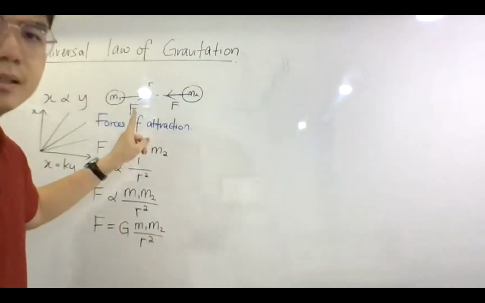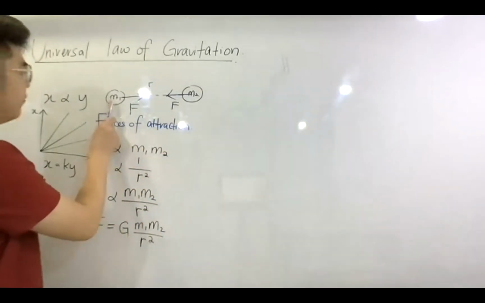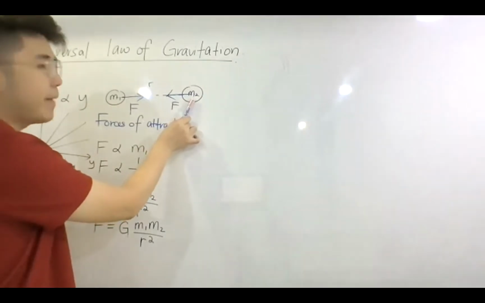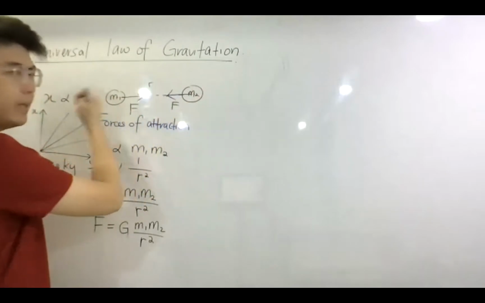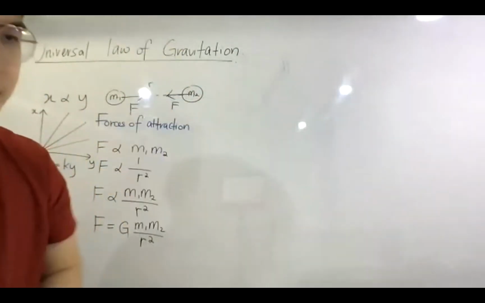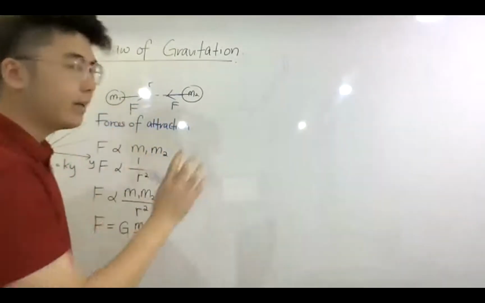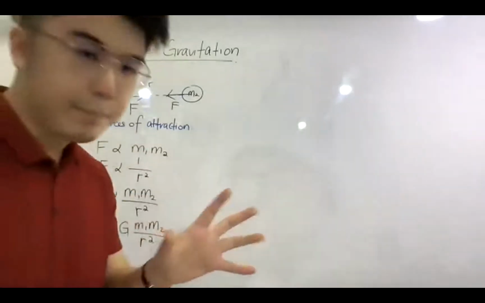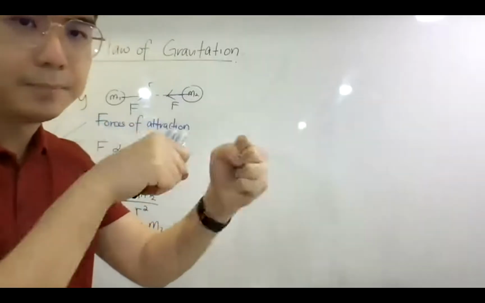Now, notice that the two objects have the same force applied by the two objects. Here, if this is the Earth, and this is any mass, the Earth is pulling the mass towards the center. And the mass is also technically pulling the Earth towards it. Not just the Earth is pulling, both objects are pulling each other.